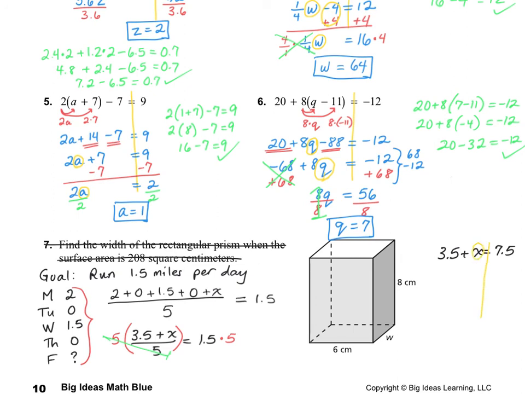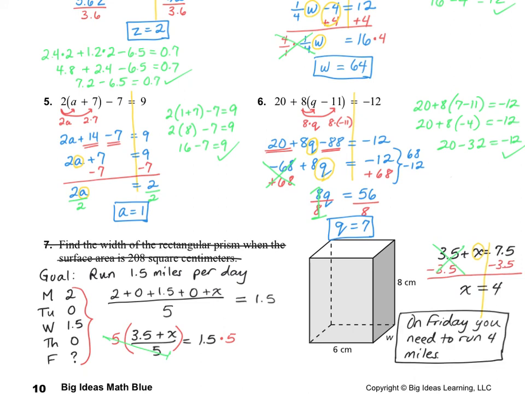So I'm going to circle my x, and you can see that x is being added to 3.5. So the opposite of addition is subtraction. So we're going to subtract 3.5 on both sides, and these cancel, and I'm left with x is equal to 4. So that means that on Friday, you need to run 4 miles if you want your average to be 1.5 miles per day. So on Friday, you need to run 4 miles.